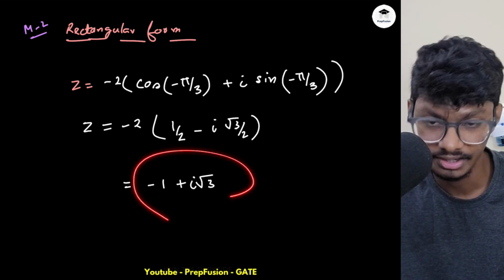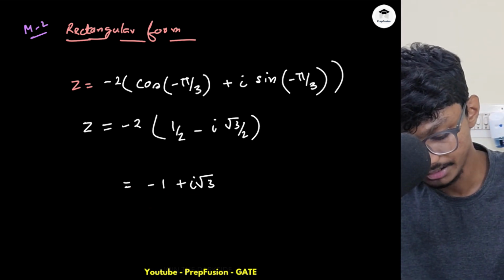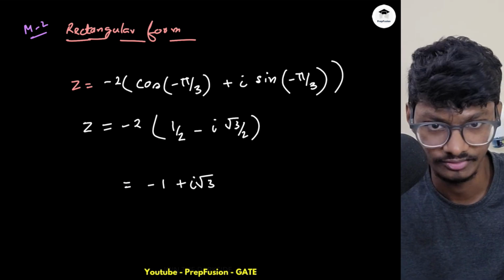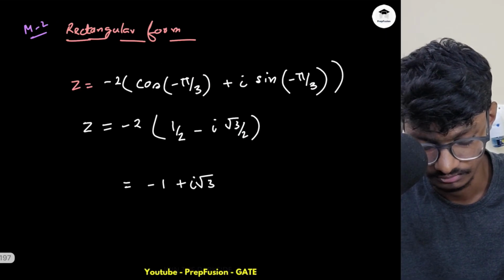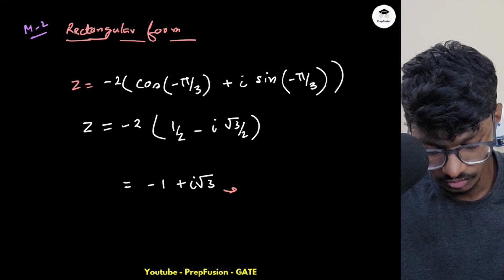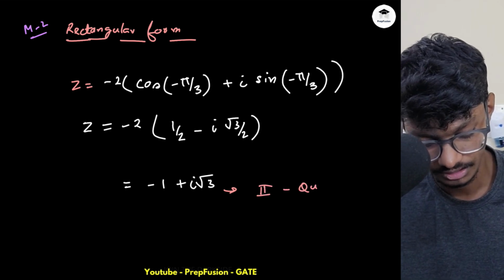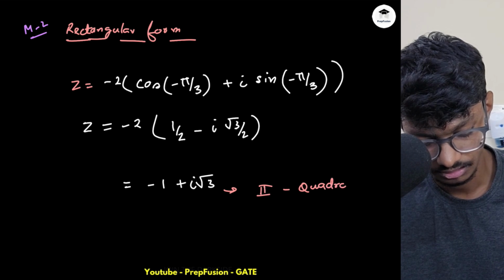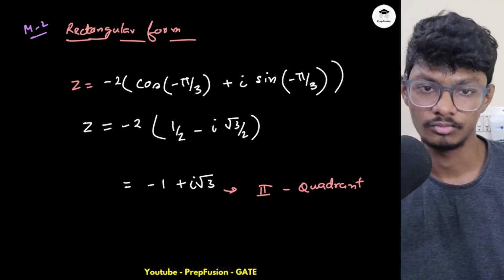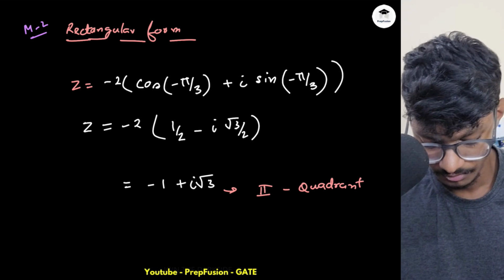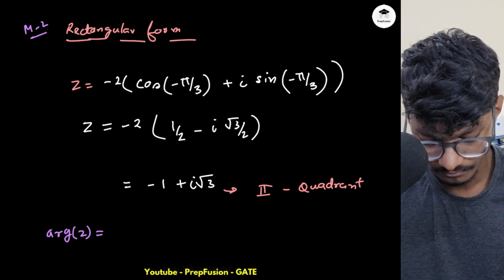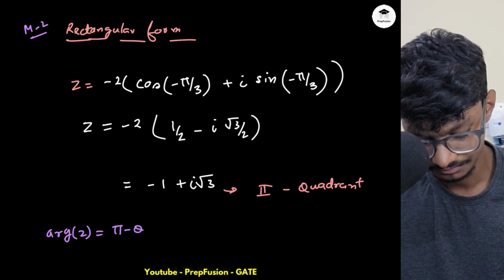So which quadrant am I lying in? The magnitude we can already find anyways; it will be 2. So this is in the second quadrant. Now if you remember, what was the angle formula for the second quadrant? Basically, arg of z was pi minus theta.